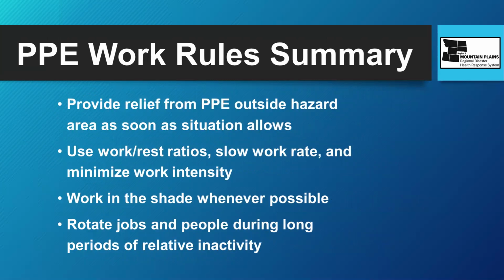So, work rule summary: provide relief from PPE outside the hazard area as soon as the situation allows. Implement formal work rest cycles to maintain the ability of staff to recover and then go back to work. If possible, and this is clearly not always the case, in fact, most of the time probably isn't the case, work in the shade and rotate jobs and personnel during long periods of otherwise inactivity.